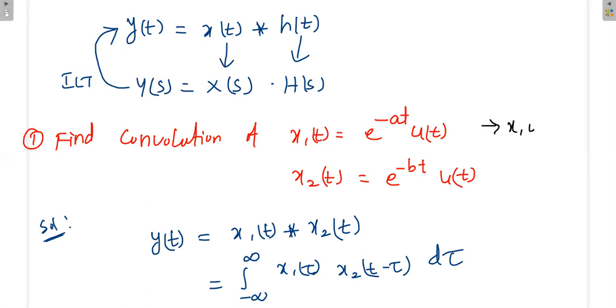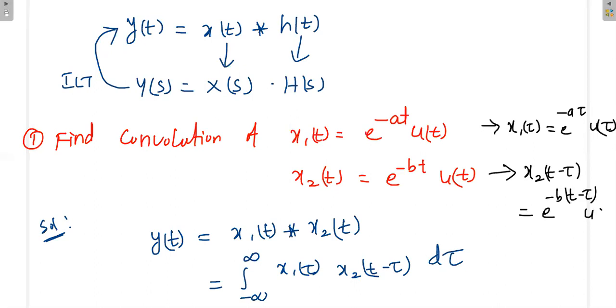X1 of tau is equal to e power minus a tau u of tau. Then x2 of t minus tau is equal to e power minus b times t minus tau, u of t minus tau. Wherever t is there, replace it with t minus tau. So we got x1 of tau and x2 of t minus tau. Then just directly substitute here.